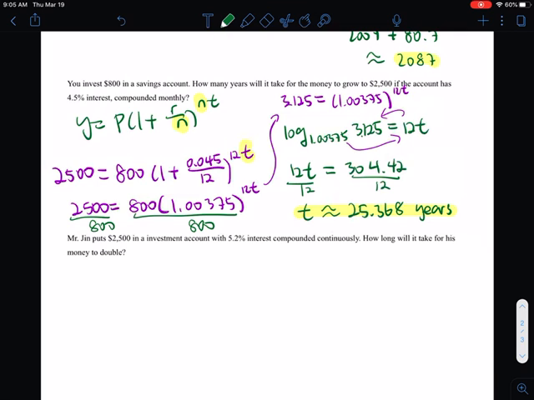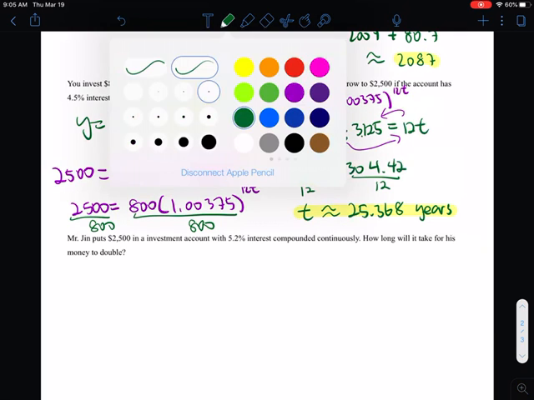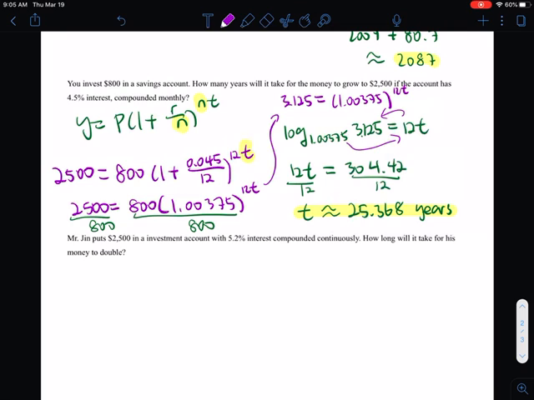Okay, and then last one. So this time I'm putting in $2,500 in an account that compounds continuously. So we're going to have to use our PERT formula, P e to the rt. And then how long will it take for my money to double? Okay, so I'm starting with 2,500, e to the 0.052, and then I'm solving for t once again.